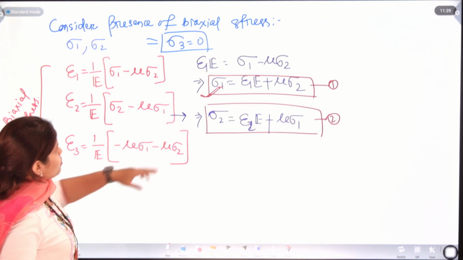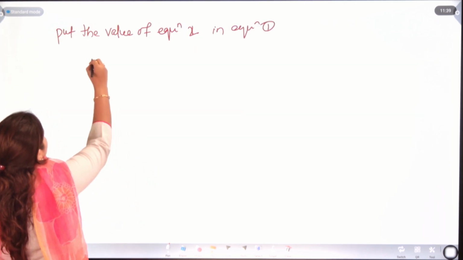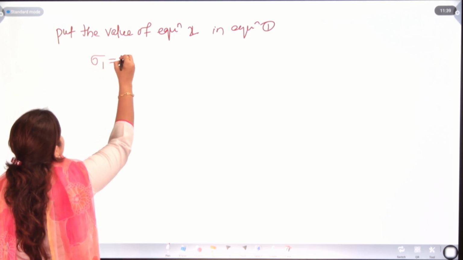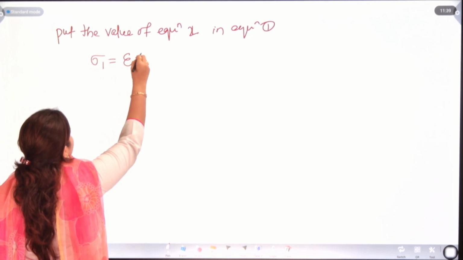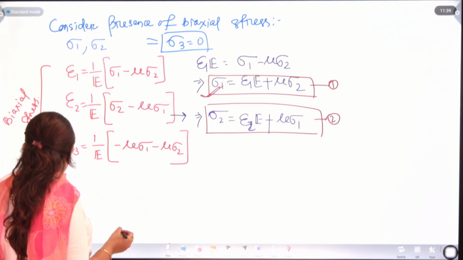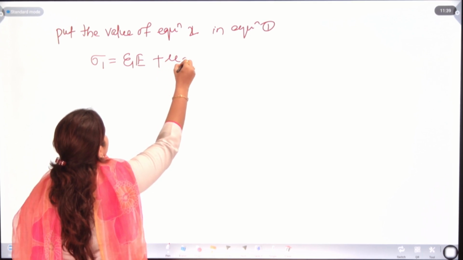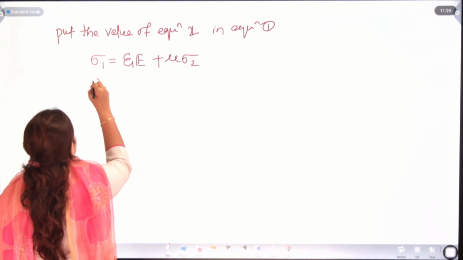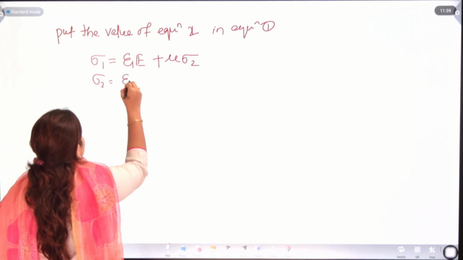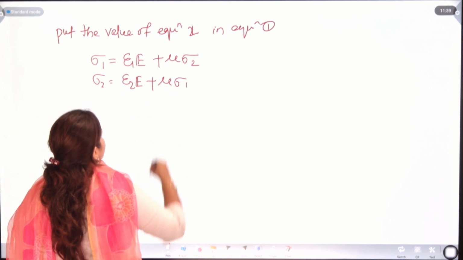Okay, so we have the equation as this. Sigma 1 is equal to epsilon 1 into E plus mu into sigma 2, and sigma 2 was epsilon 2 into E plus mu into sigma 1.